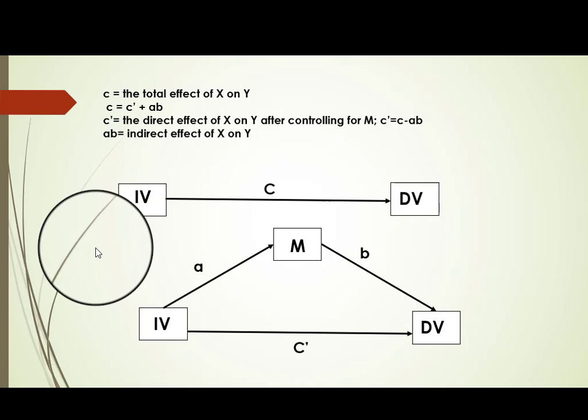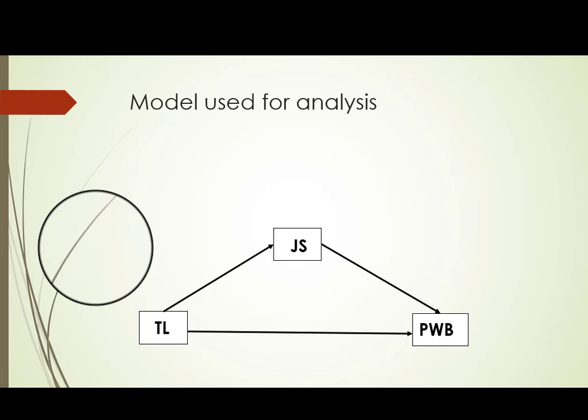So you can clearly see that C, the total effect, is equal to C dash, the direct effect, plus the indirect effect, which is represented by AB. So this is the model which we will use in the analysis.